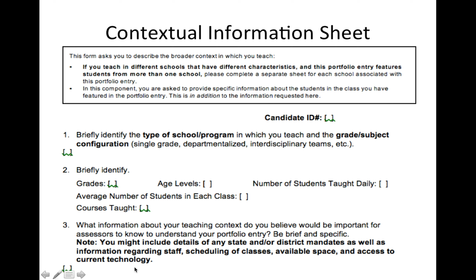And access to technology. Technology is required in the National Board certification process. This statement does not eliminate the need for you to use technology. It just provides an opportunity for you to explain how much technology you have access to.